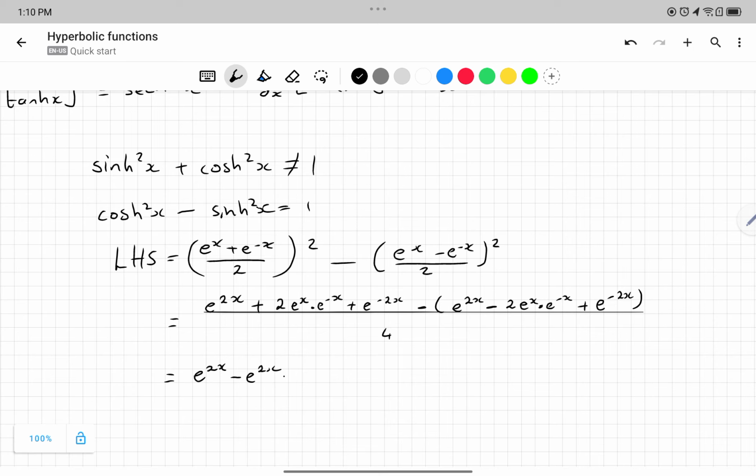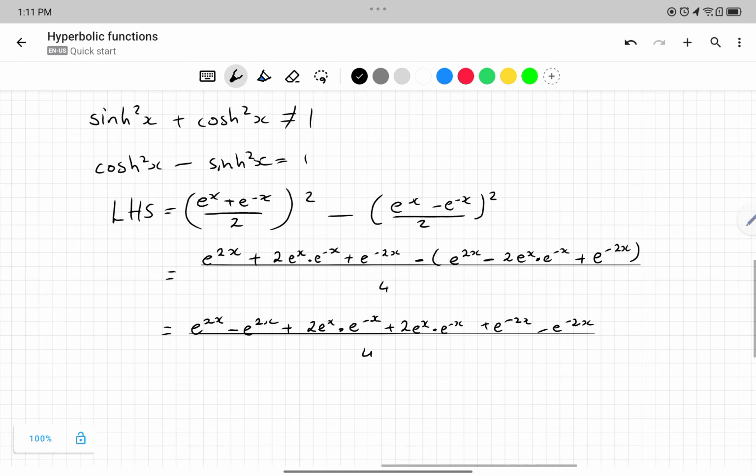Then plus 2 e to the x times e to the exponent of negative x, then plus e to the exponent of negative 2x minus e to the exponent of negative 2x, all over 4.